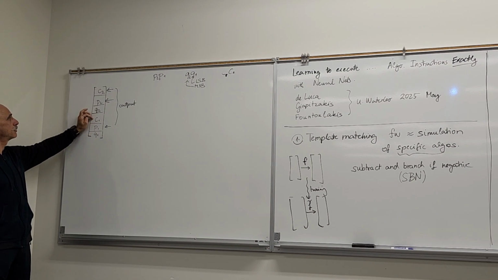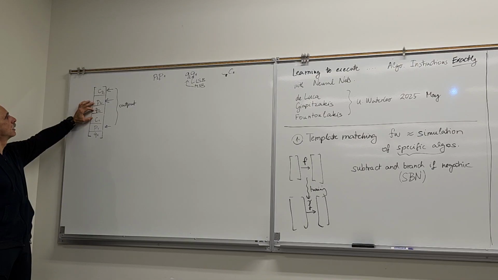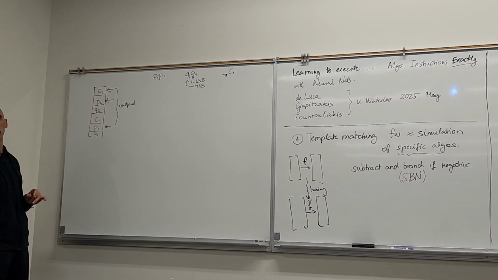I'm just thinking about whether C1 should be propagated separately to here, or you treat these together as a block. Maybe treat them together, then this would be another block. And maybe the third block is just C2.